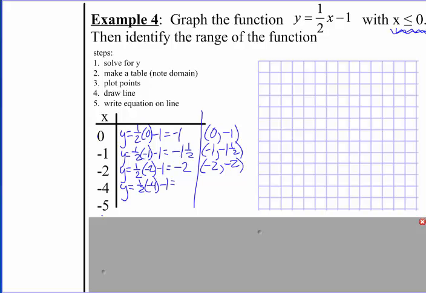So half of -4 gives you a -2. -2 minus 1 would be -3. So -4, -3. And then 1/2 times -5 minus 1, that'd be -2.5 minus 1, -3.5. So -5, -3.5. So those are our ordered pairs.